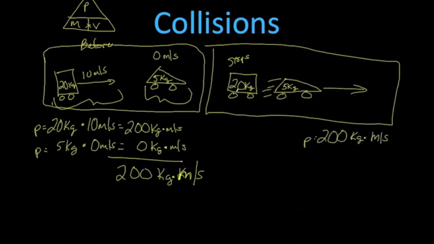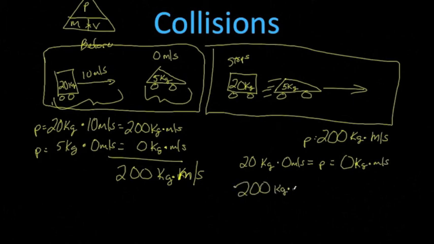If this cart is stationary, we know that its momentum is 0 kilograms times meters per second. So now, if we know the overall momentum of the system is 200 kilograms meters per second, it's all wrapped up in the motion of that triangle cart. So 200 kilograms times meters per second equals 5 kilograms, which is the mass, times its velocity, which is our unknown quantity.